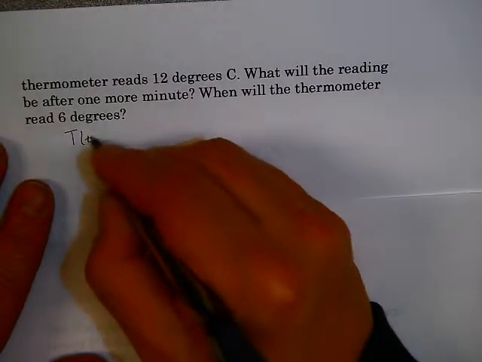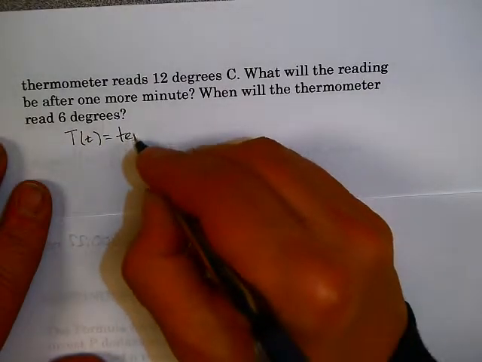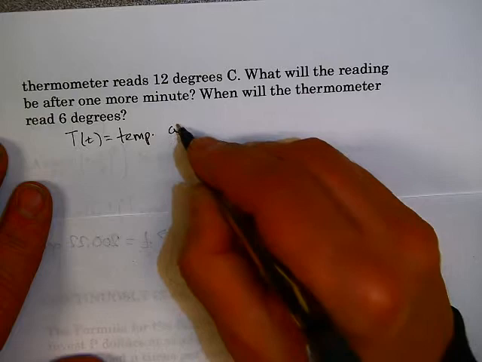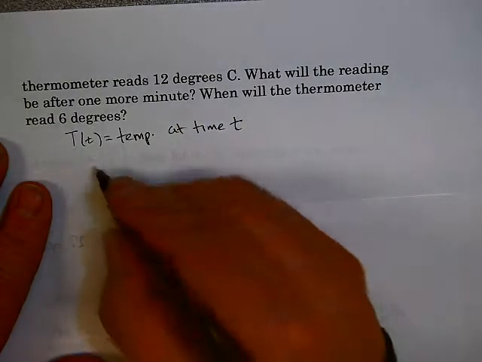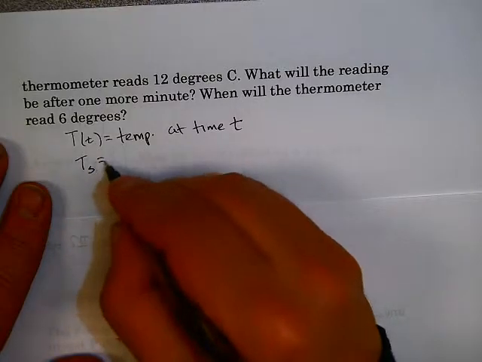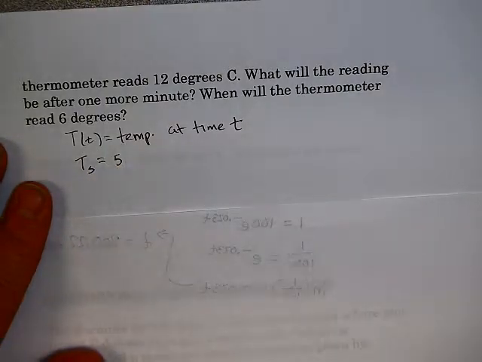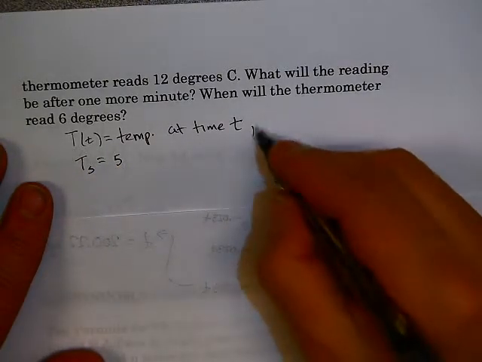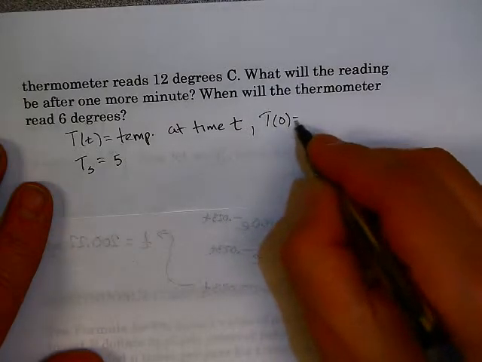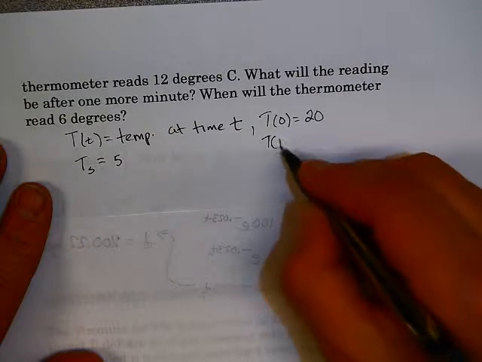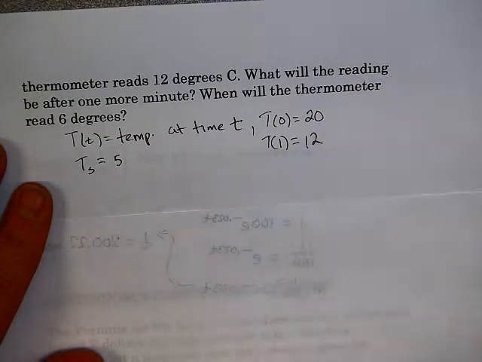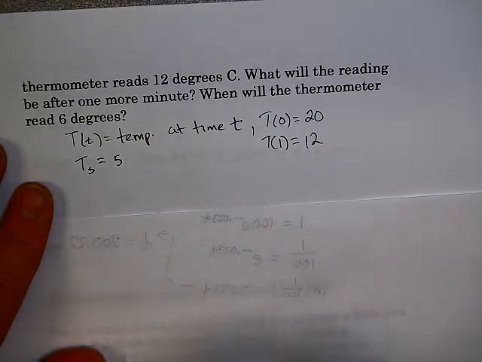Let T be the temperature of the thermometer at time t. And the temperature of the surroundings, they said, was 5 degrees. And we know that the initial temperature is 20, and the temperature after 1 minute is 12. That's just organizing the information in the problem.